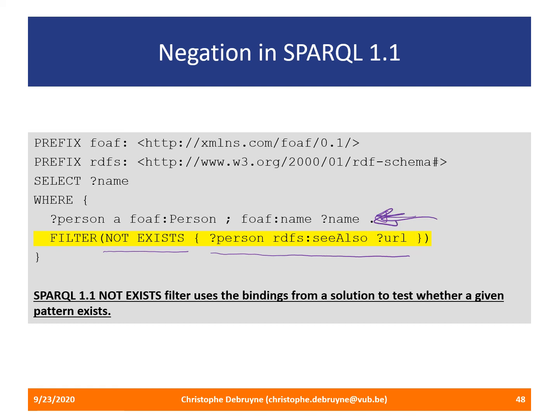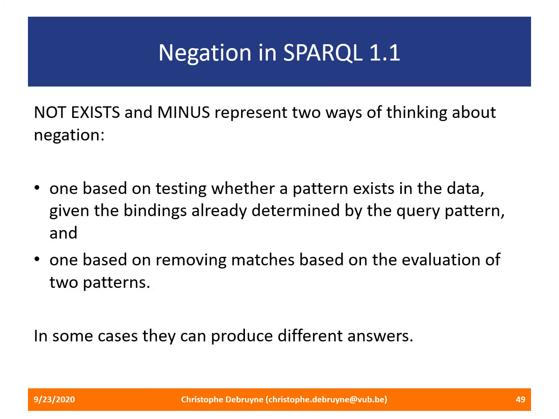Now, both of them are in most cases similar, but there's an important nuance. NOT EXISTS and MINUS represent two different ways of thinking about negation, and in most cases you get the same results. NOT EXISTS is based on testing whether a pattern exists, and when it exists, you don't include it in the final result set.